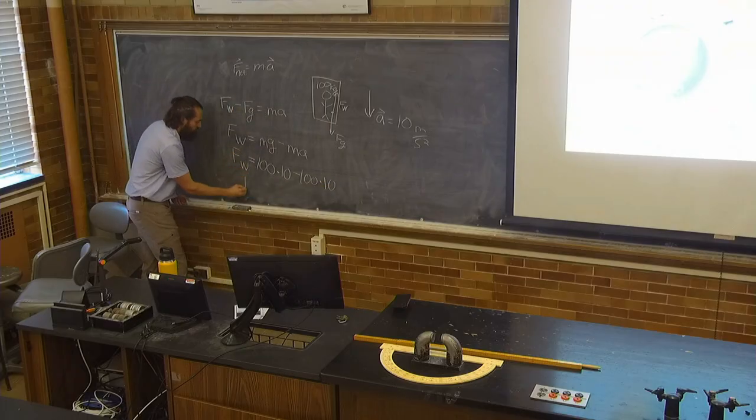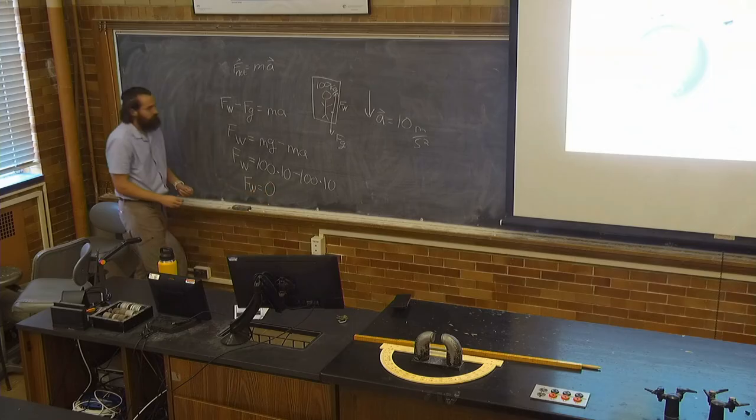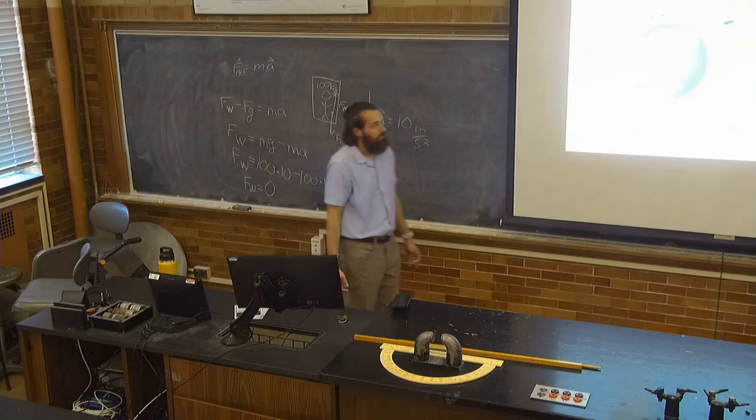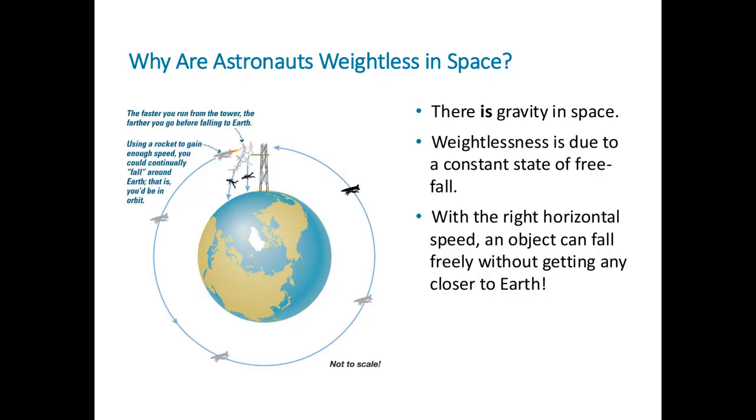And now your weight is 0. So this is called free fall, or weightlessness. So if you are trying to measure your weight in an elevator that's free falling, the scale will just read a value of 0.